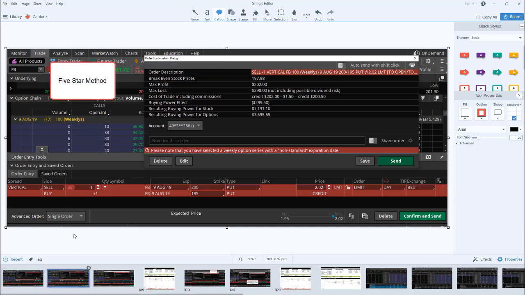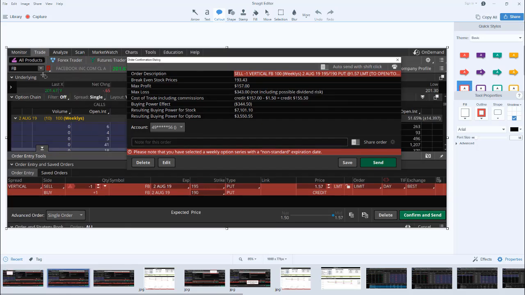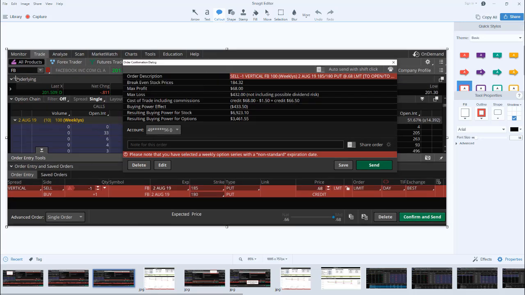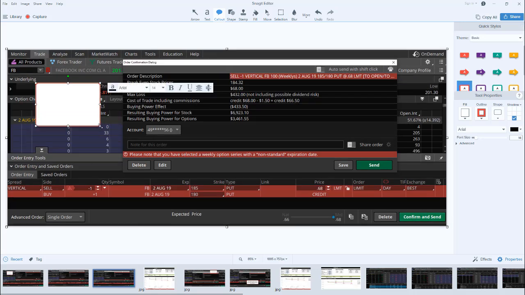And then the next one is going to be the half standard deviation method. Okay, and then the next piece of this right here is going to be the 1 standard deviation method.